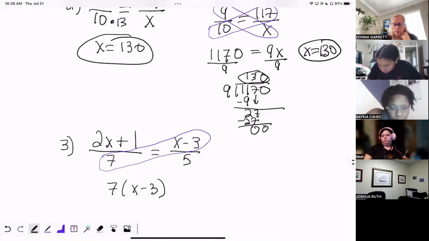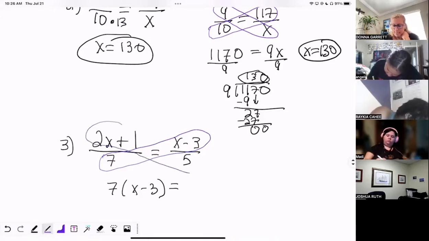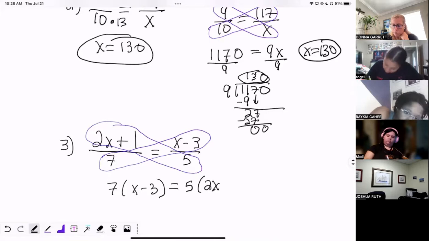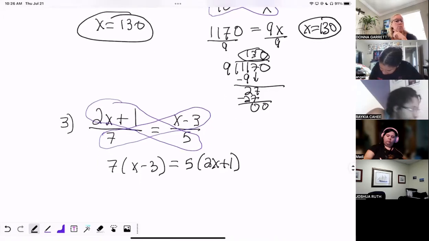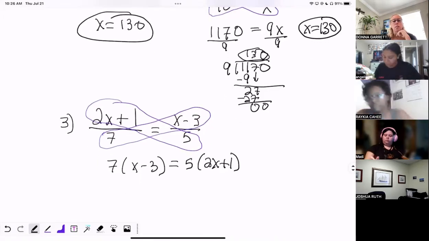7 times x minus 3 equals 5 parentheses 2x plus 1. Yes, the number goes in the front, right? You want the number in the front because we're going to have to distribute it. So if it's just a number, always put that in the front before the parentheses.